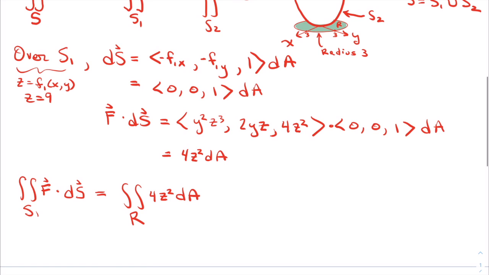So I guess we can take another step. Do a 4 times 9 squared. Let's leave the dA there. We could go into polar coordinates, but I don't know what 4 times 81 is. I guess I could figure it out.